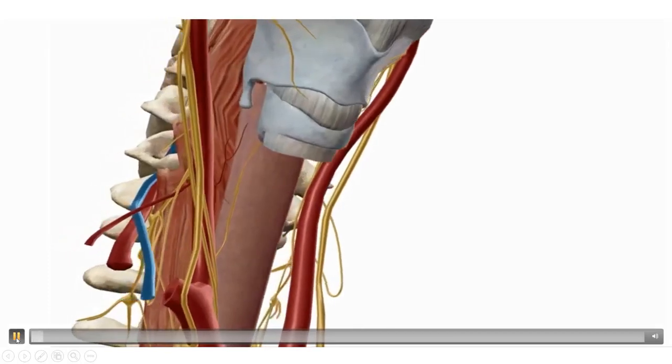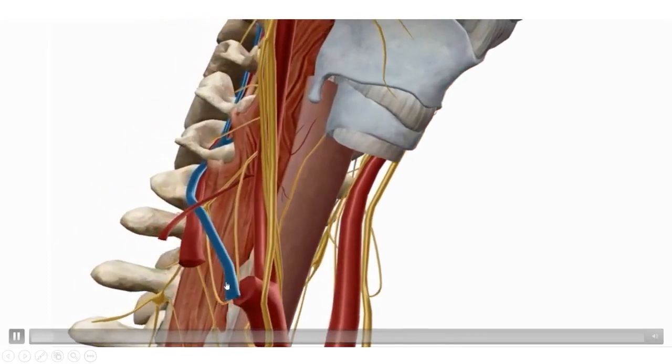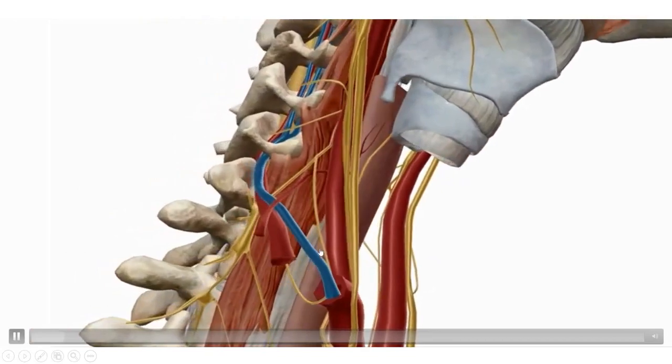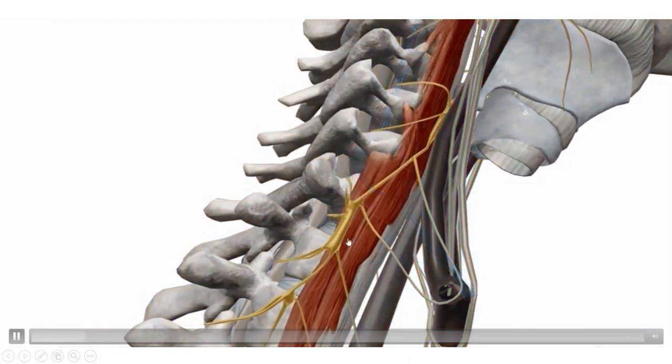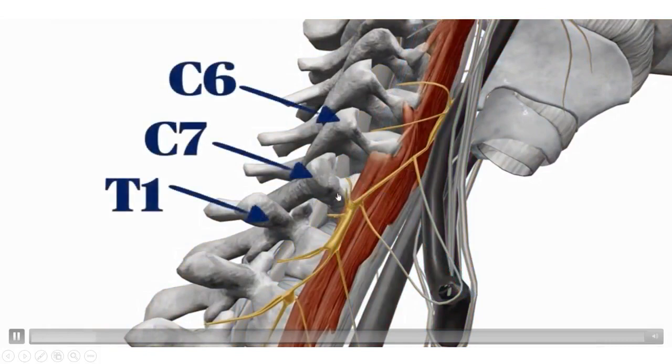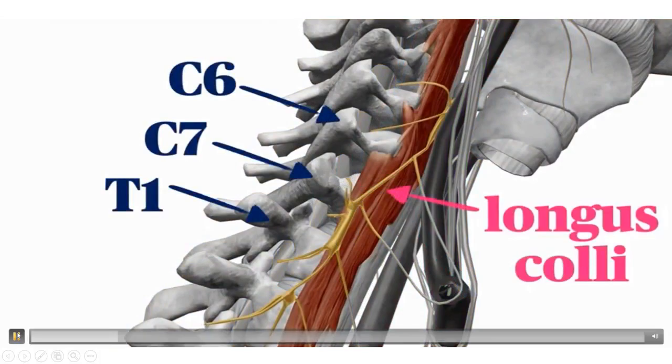So we are going to see the pictorial illustration of the stellate ganglion. Here is the star-like structure. This is nothing but the stellate ganglion, which is formed by the fusion of the inferior cervical ganglion and the first thoracic ganglion.